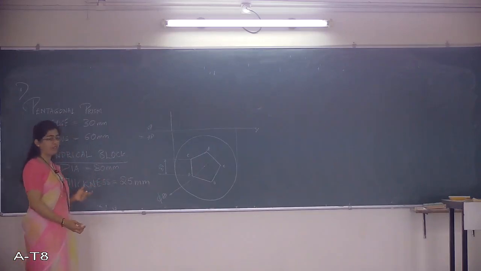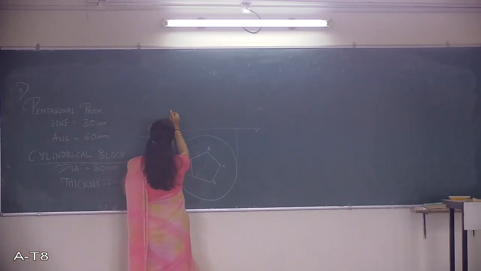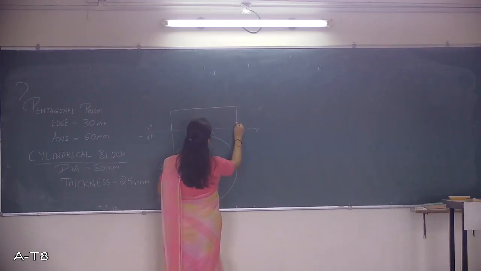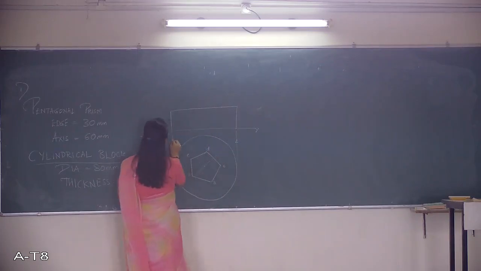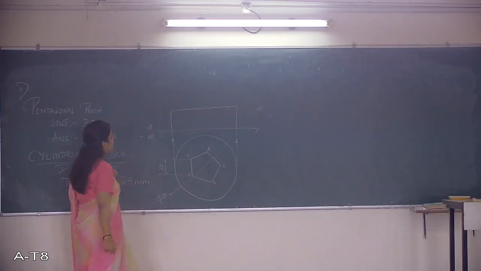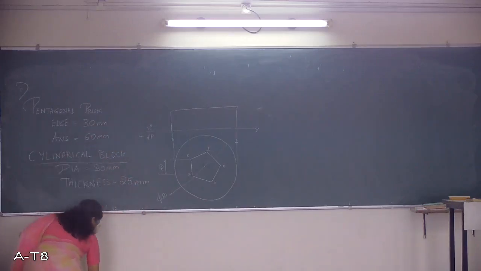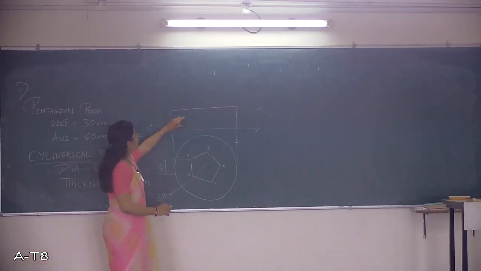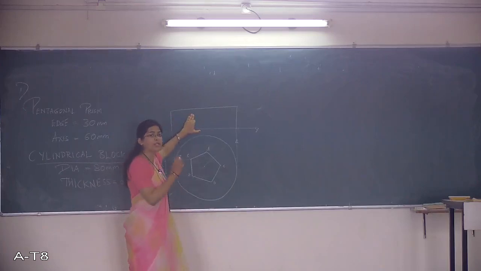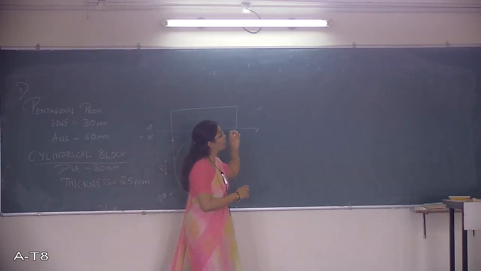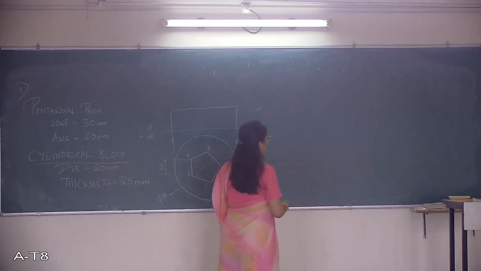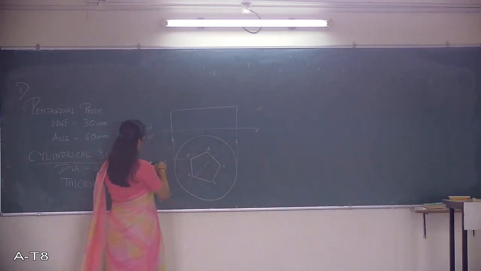It is given as 25 mm. So this should be 25 mm. This is the projection. So what you see here is the cylindrical block in its front view.